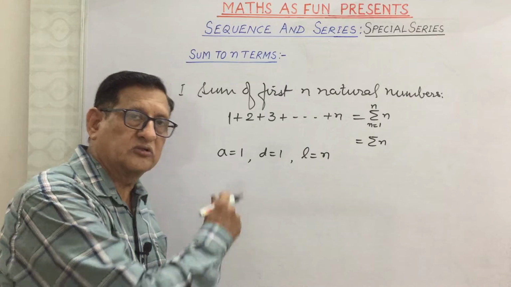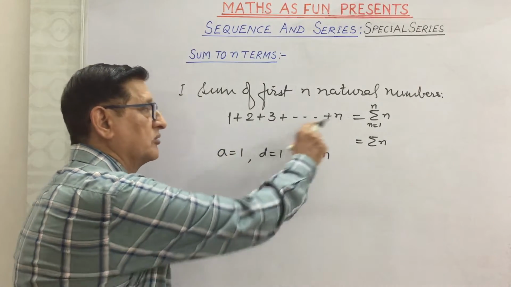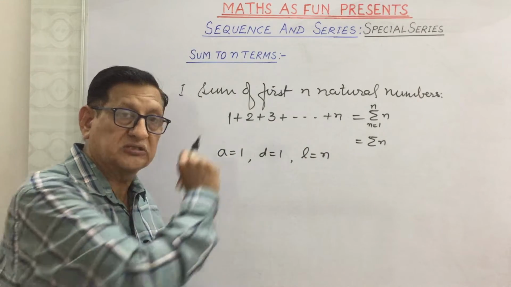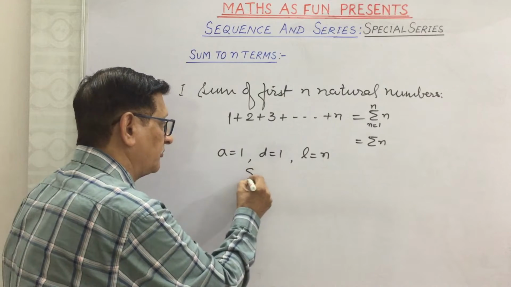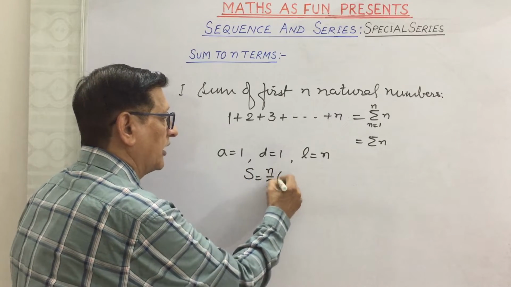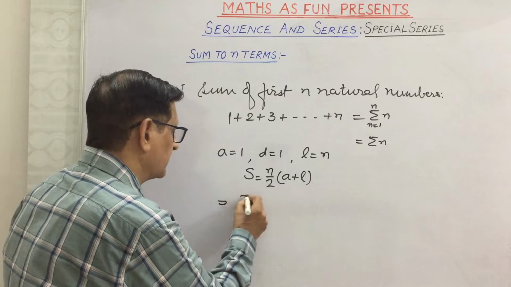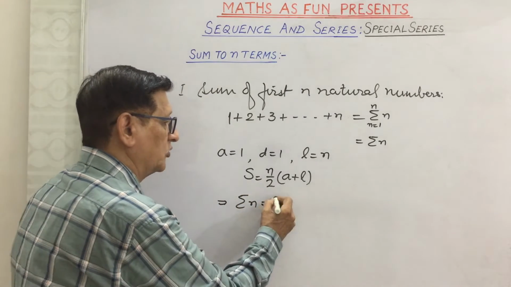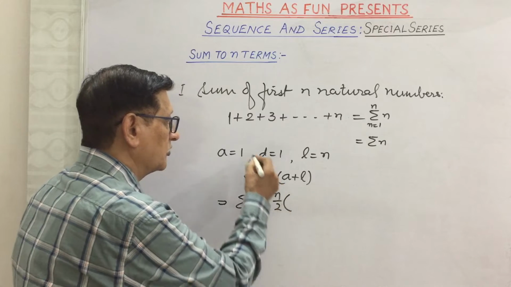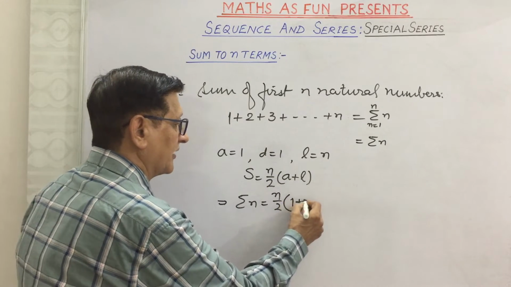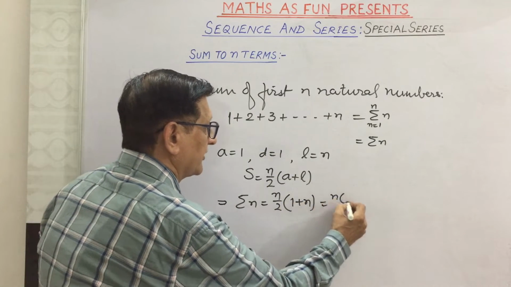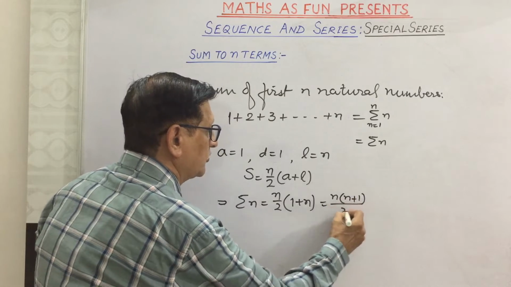So we can find out the sum of these natural numbers, this AP, by using the formula S is equal to n by 2 into A plus L. This implies that sigma n will be equal to n by 2 into A is 1, L is n. This comes as n into n plus 1 by 2.